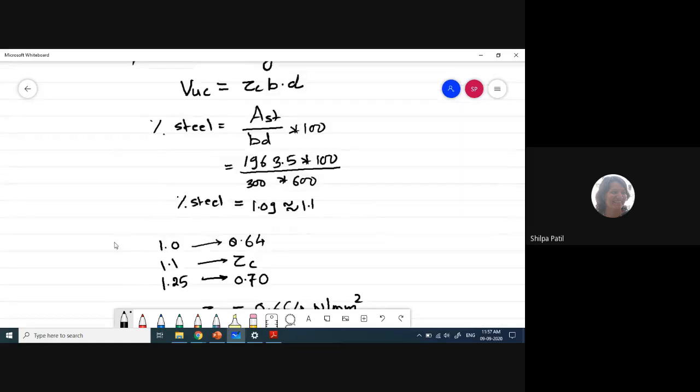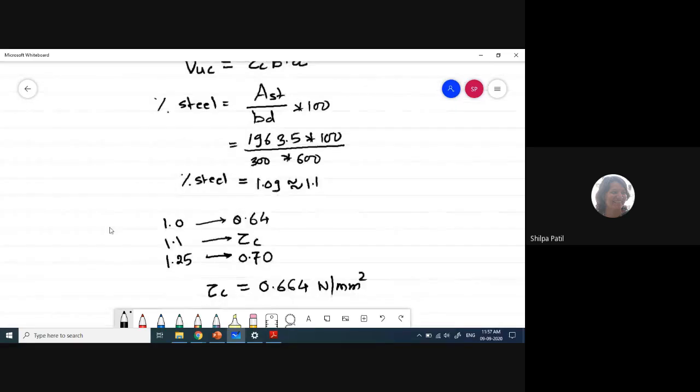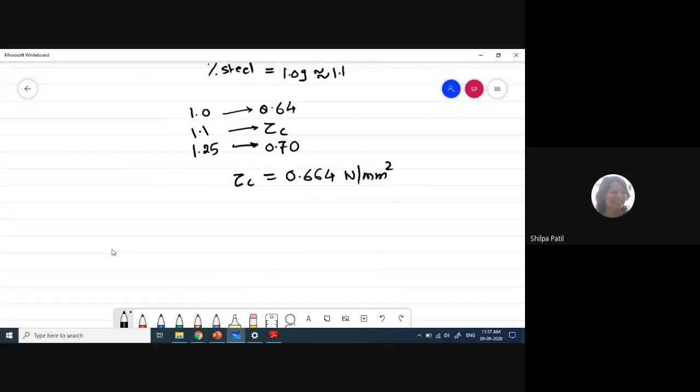Okay, so what we have to calculate now? Vuc equals tau c into bd. Just put the values here. So Vuc is equal to tau c, which is 0.664, into b into d.